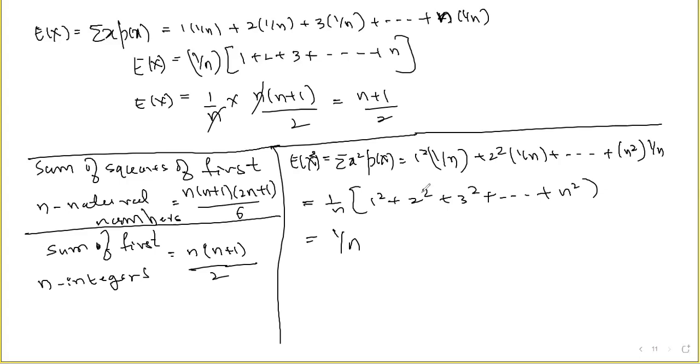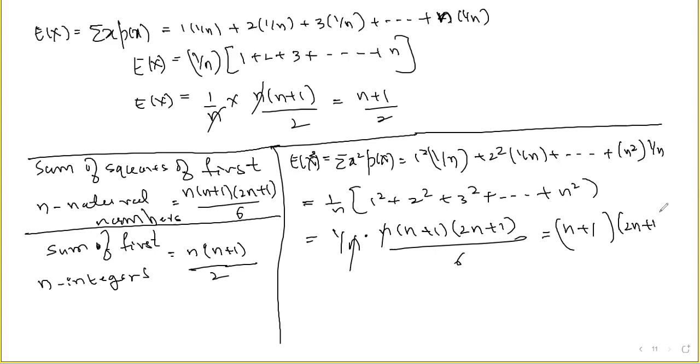So this n gets cancelled. What do we have? n plus 1, 2n plus 1 by 6. So this is the expected value of x square.